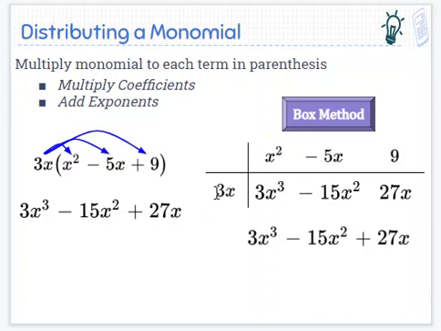Middle term, 3 times -5, -15. X times x, x to the first, times another x to the first. That's how we get the x squared. And last but not least, 3x times 9. 3 times 9, 27. The x just comes on down for the ride.